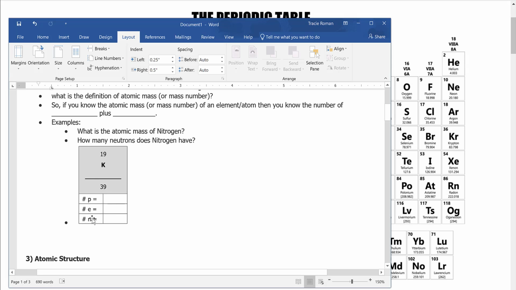Now to get the number of neutrons, we subtract the atomic number from the atomic mass, because the atomic mass is protons plus neutrons, and the atomic number is protons. So if we take the difference, we are left with the number of neutrons. So the number of neutrons for potassium would be 39 minus 19, which is 20.